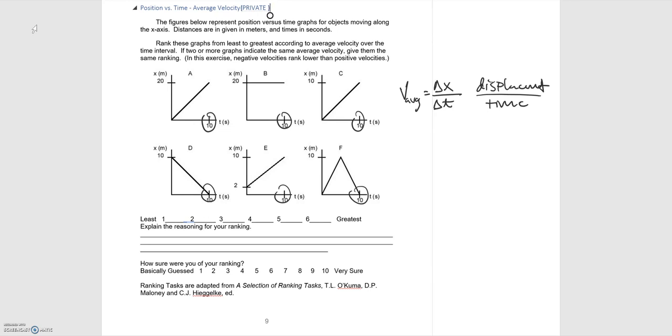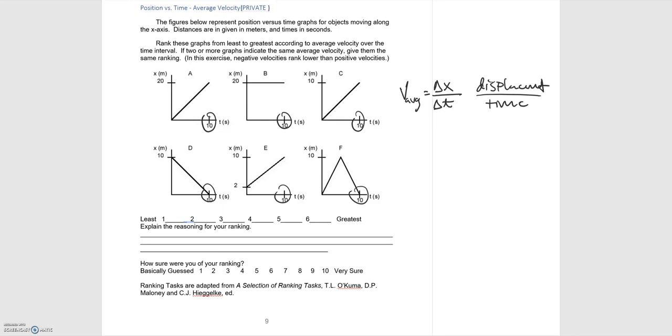So we can compare all of these average velocities by comparing their displacements, because if the denominator is constant, since the time interval is constant, the greater displacement is going to result in a larger average velocity.